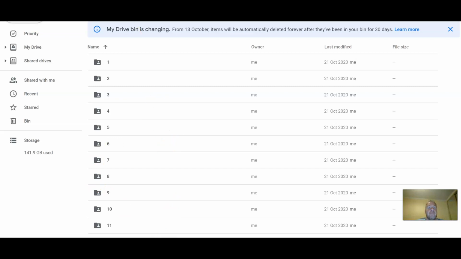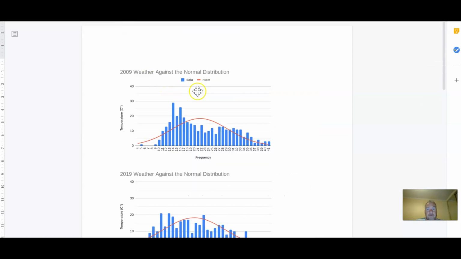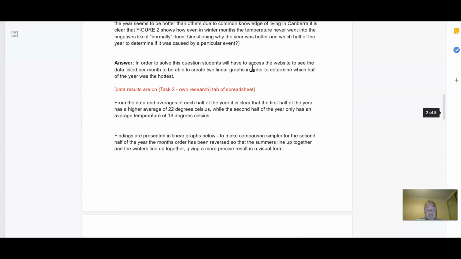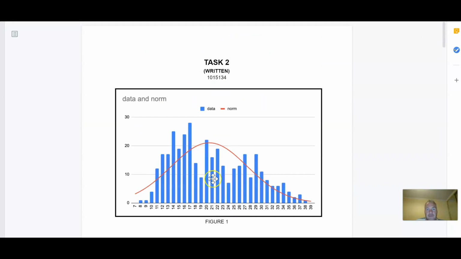So when you find your assignments, open them and have a read. The first one in my list was this one. Your key with this is to put it into a rank order.